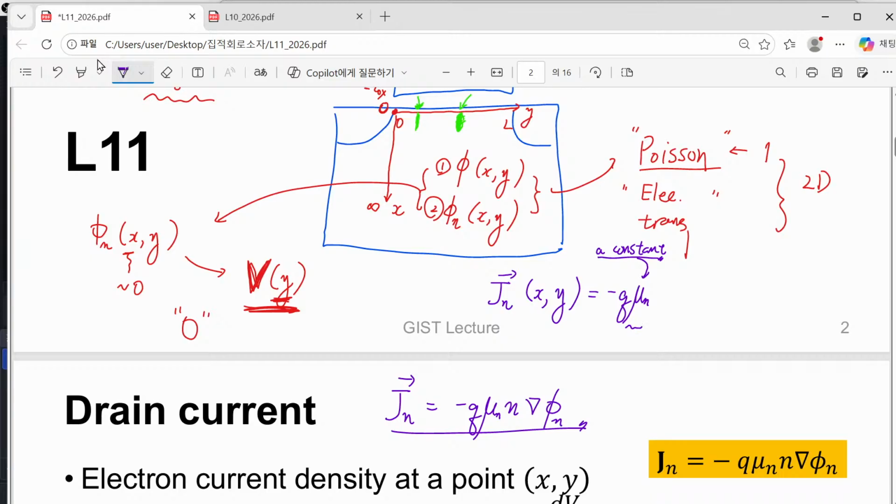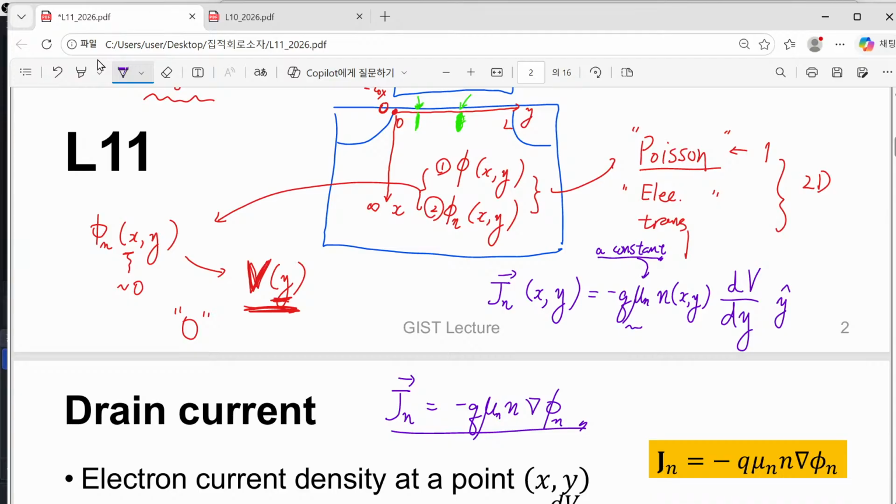Then, what are the remaining quantities? Yes, now we have electron density n(x, y), and of course we have to have phi n. But fortunately, instead of this one, now we can say dV over dy, and only the y directional component survives.